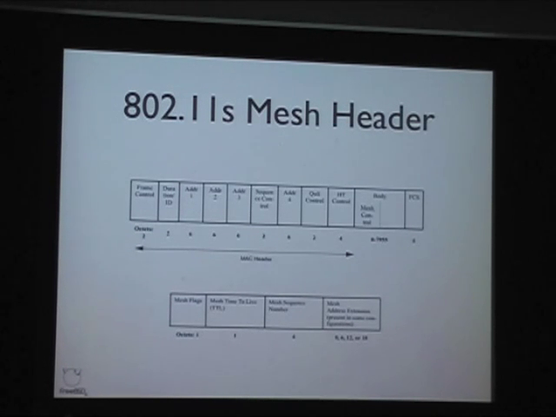This is just for data packets, and there are some flags but it's nothing special. There's a time to live, a sequence number, and the address extension is to make the header a bit larger so we can store more addresses.